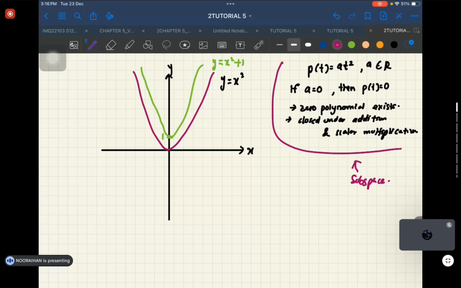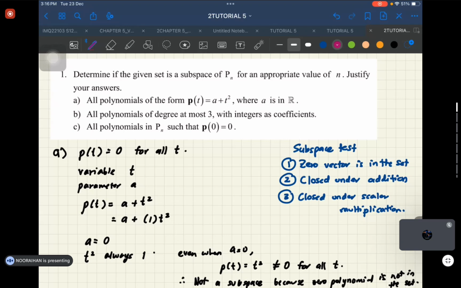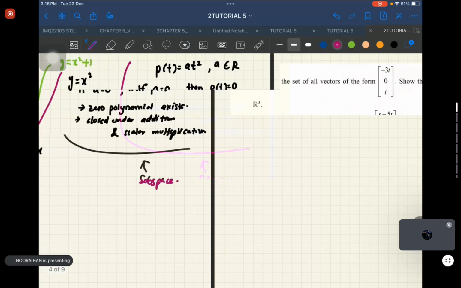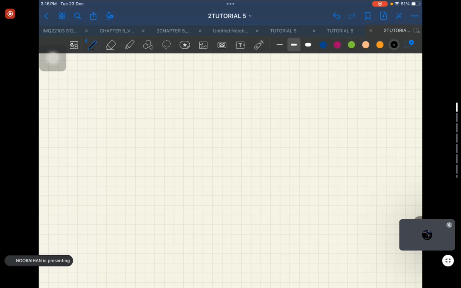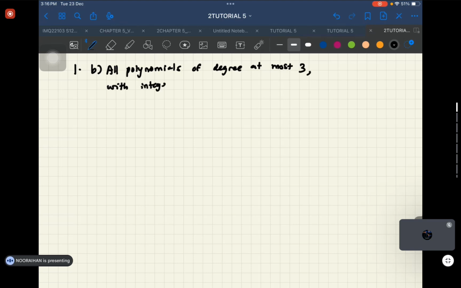Okay, now look at question 1B. Number 1B, all polynomials of degree at most 3 with integer coefficients.